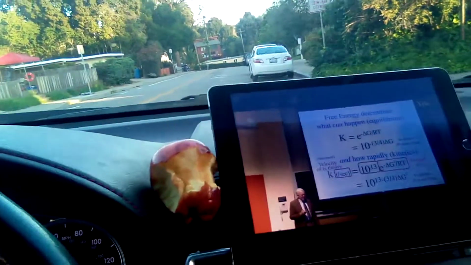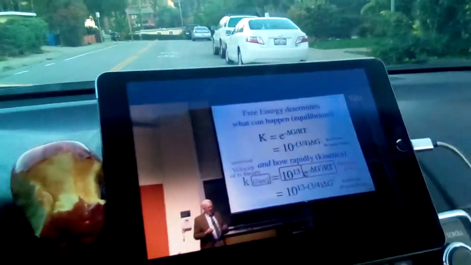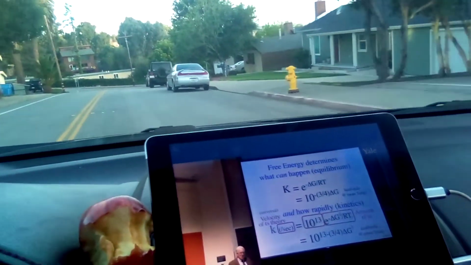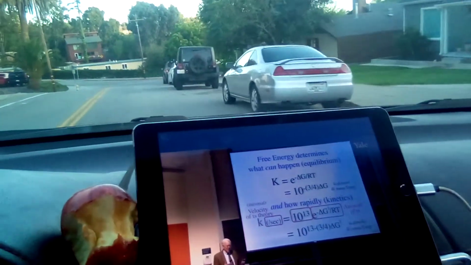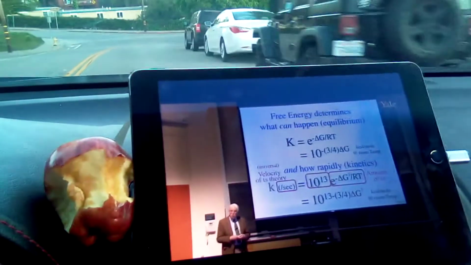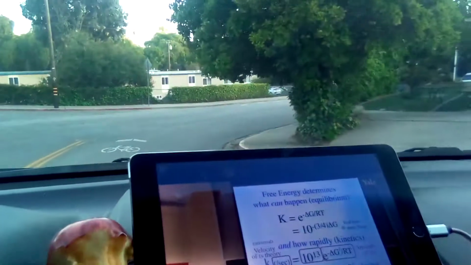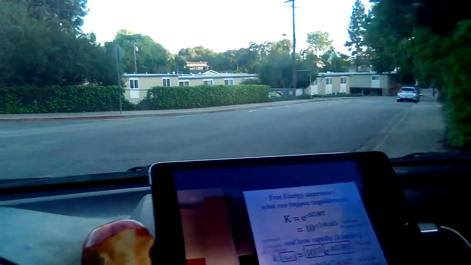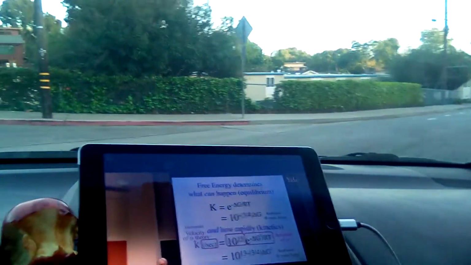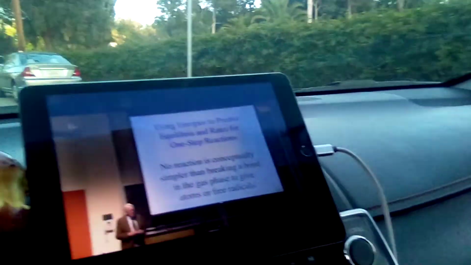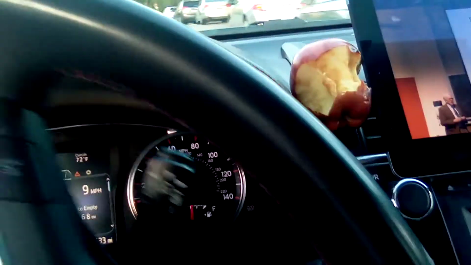Okay, and remember we talked about this last time, that in Eyring's transition state theory, the rate constant for the reaction per second is 10 to the 13th times that sort of equilibrium constant between the starting material and the transition state. So again, we can use at room temperature that 3/4 delta G when we express it in kilocalories per mole. So we want to use energies to predict equilibria.